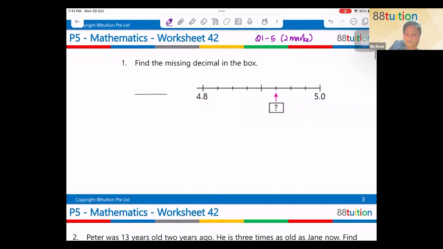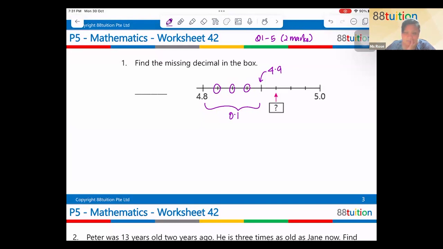Now, some of you got this question wrong, and the reason being, you must count the number of gaps there are. How many gaps are there that make up one? This is from 4.8 to something and then 5, right? So this would be your 4.9. That means the gap between 4.8 and 4.9 is 0.1.